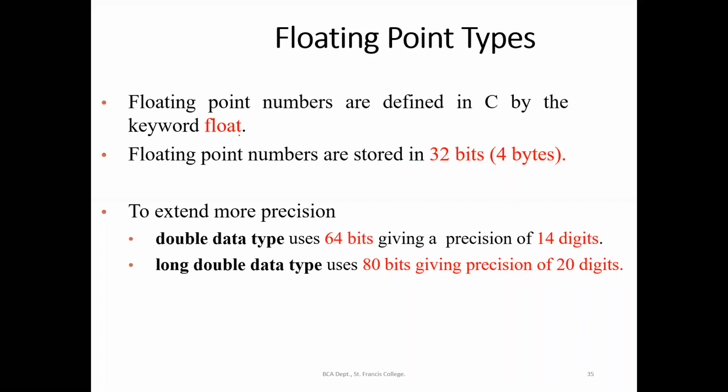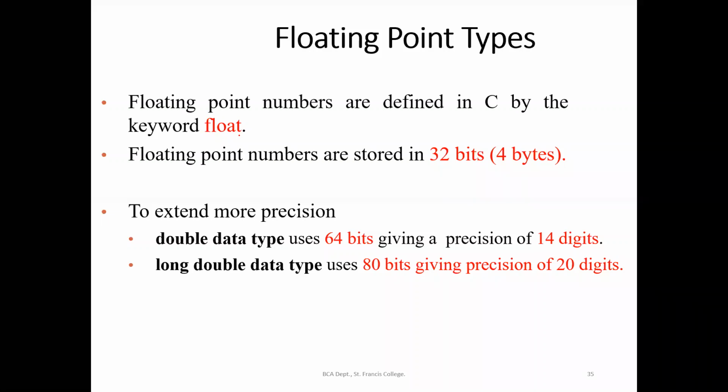So integer, you should keep it in mind. Integer will make use of 2 bytes. Short int makes use of only 1 byte. Long int will make use of 4 bytes. Now we are coming to floating point. When we declare a variable using float, it is allocated 32 bits, that is 4 bytes.